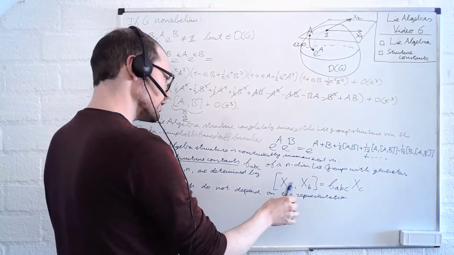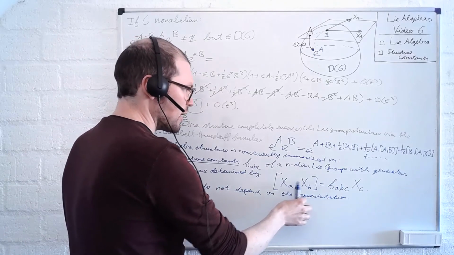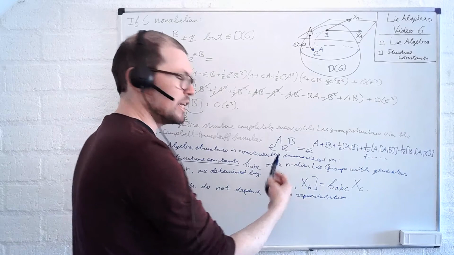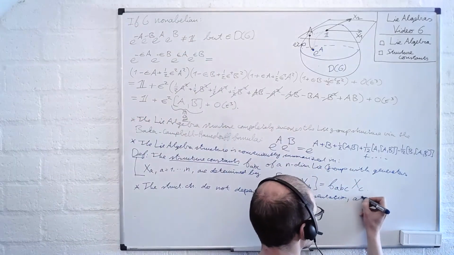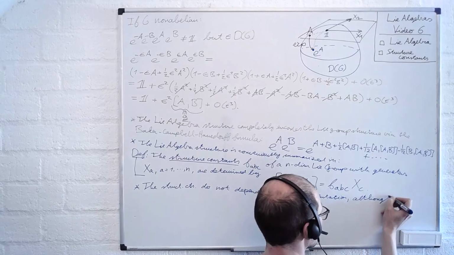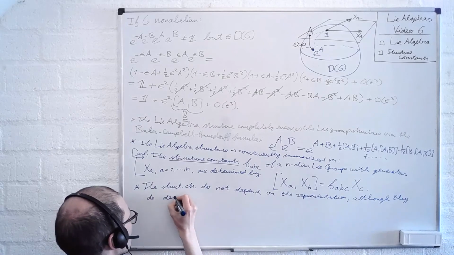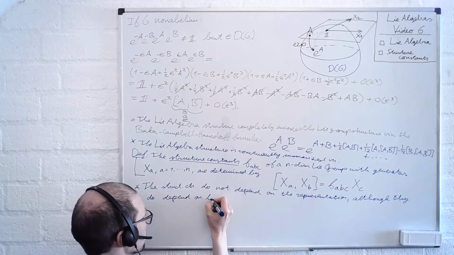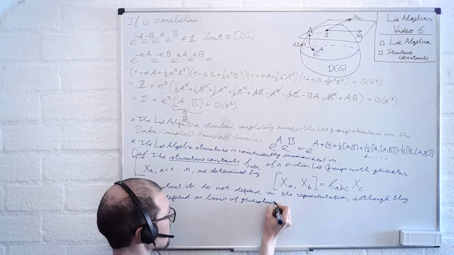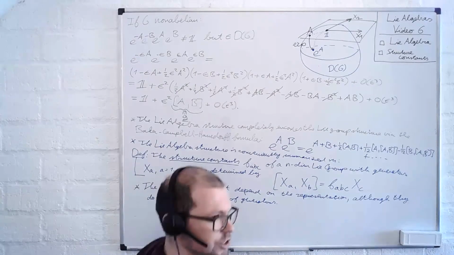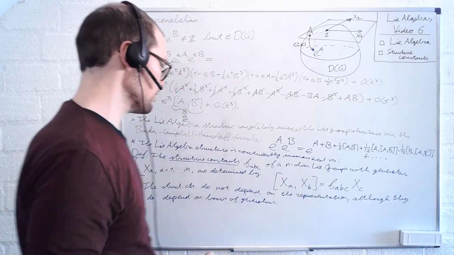Although you should note that these are not really universal numbers in the sense that they do still depend on the basis of generators that I've chosen for my tangent space. But this choice of basis of generators is really something that is detached from your choice of representation.